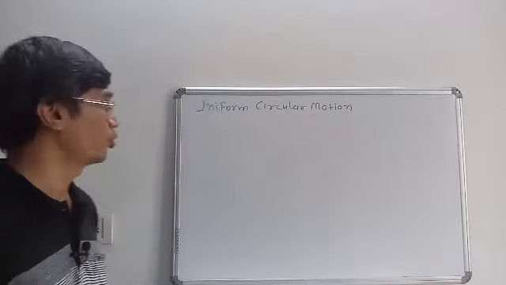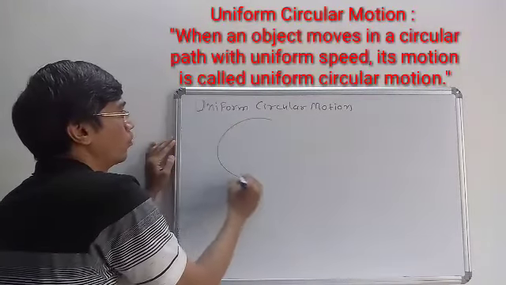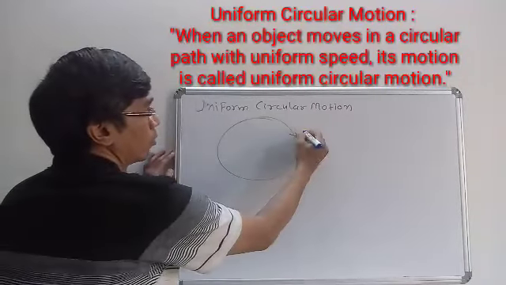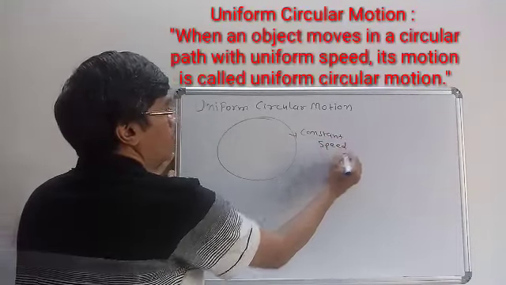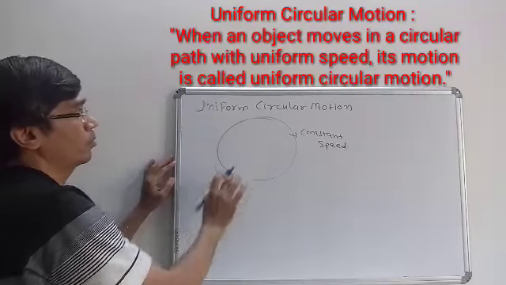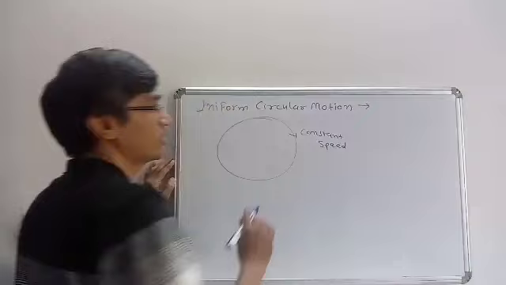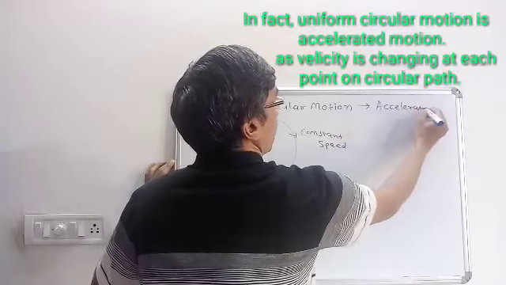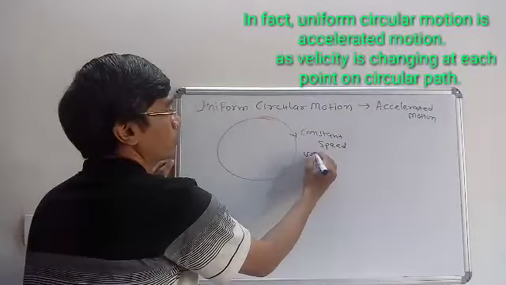What is uniform circular motion? When the object is performing motion on a circular path with constant speed and with changing velocity, this type of motion is known as uniform circular motion, and this uniform circular motion is actually accelerated motion, because here the velocity is changing.